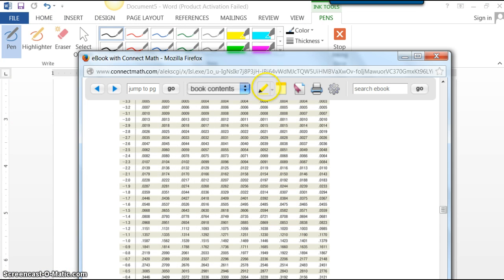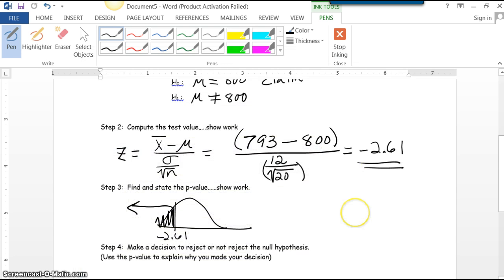When I go to the z-table and I look up 2.61 right here, 2.61 shows an area of 0.0045. So this area is 0.0045.